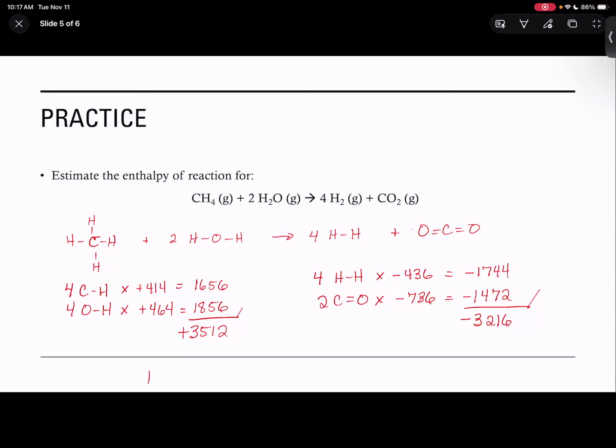So a positive 3,512 minus 3,216 means that the enthalpy for this reaction is a positive 296 kilojoules.